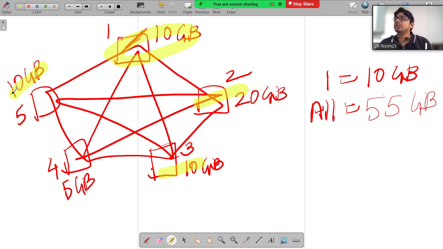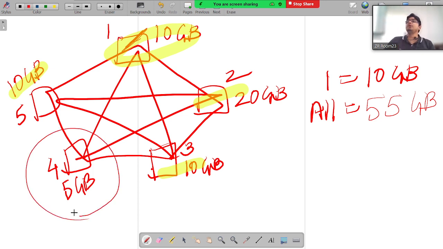Like for example, this 5 GB is not utilized at all. So we can utilize it for different computers which are on the grid. We can utilize underutilized resources.